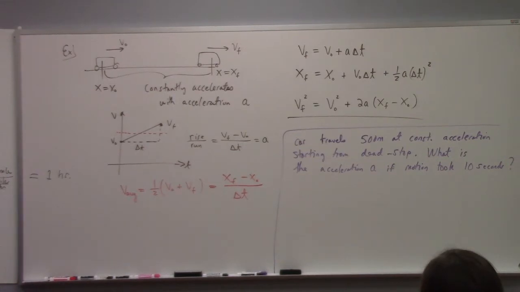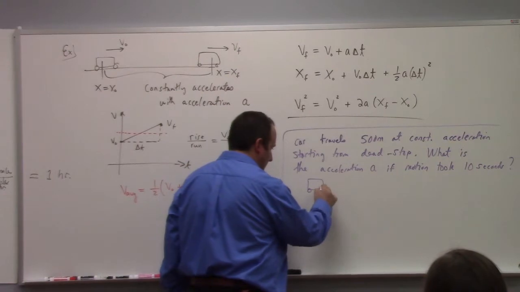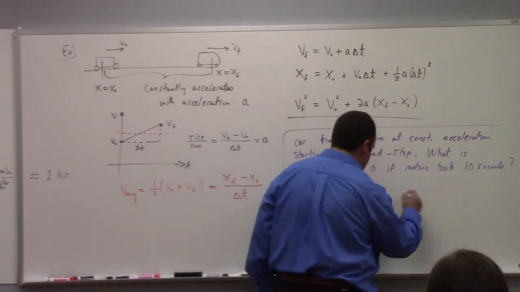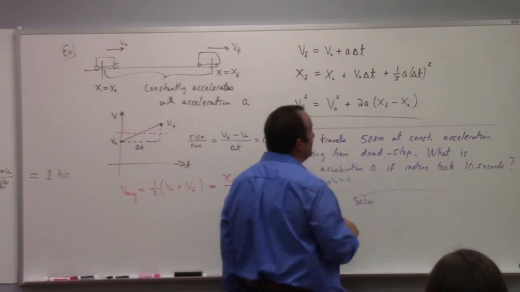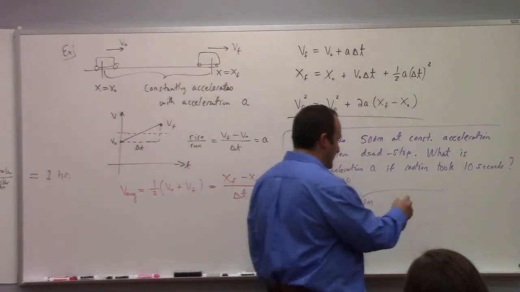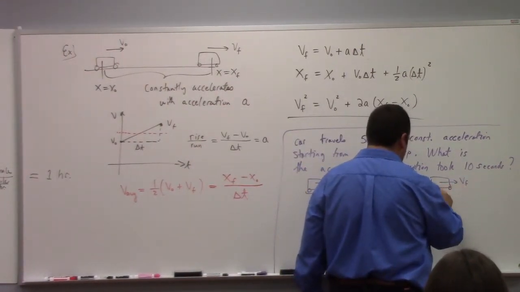Is that a question we can even ask? So you understand the car at the start? What's the initial velocity? Initial velocity 0. 500 meter racetrack. It took how long? 10 seconds for it to get over here. I don't even know what the final velocity is, right?